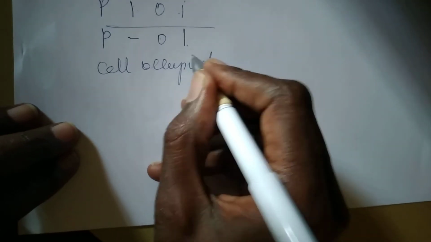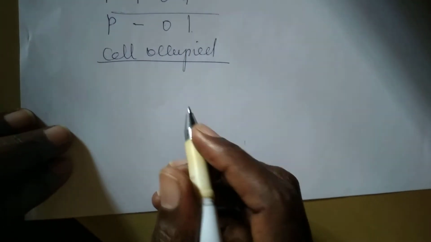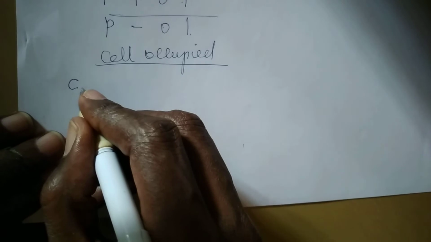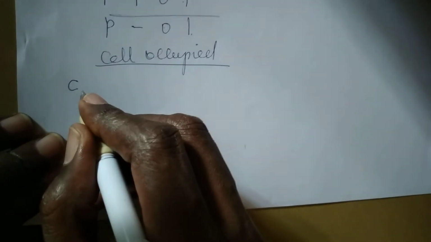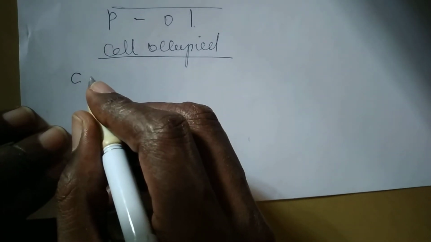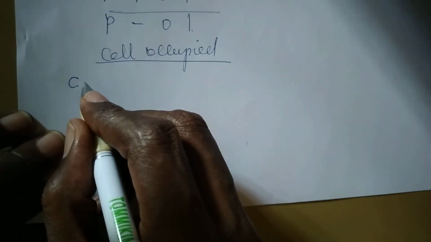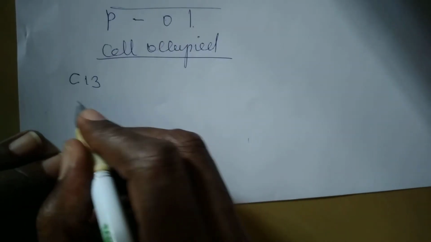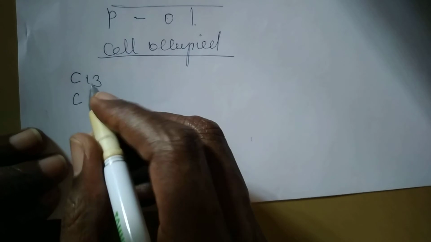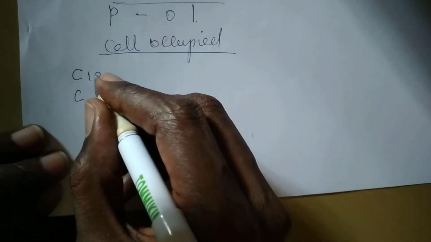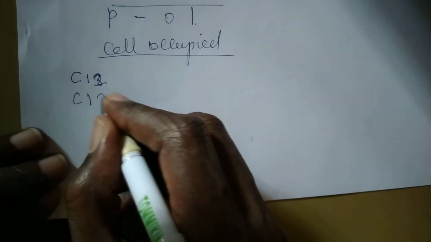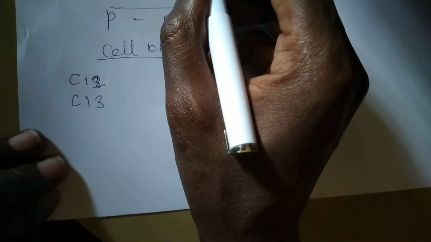So once we are done with that, then our next initiative is to determine the cells which are occupied. So the cells which are occupied from our equation, we have C11, C13, C12, C13.